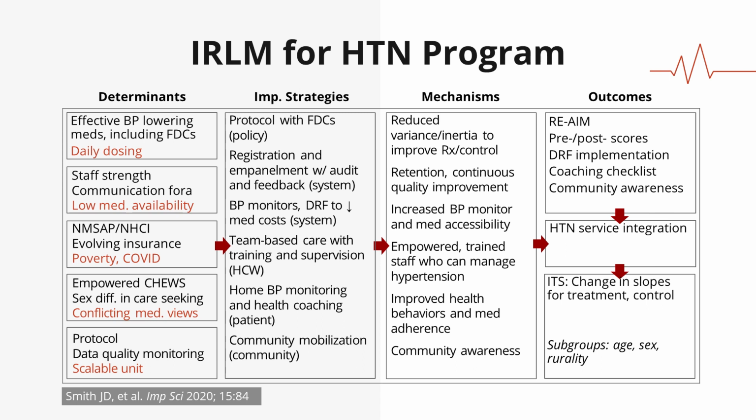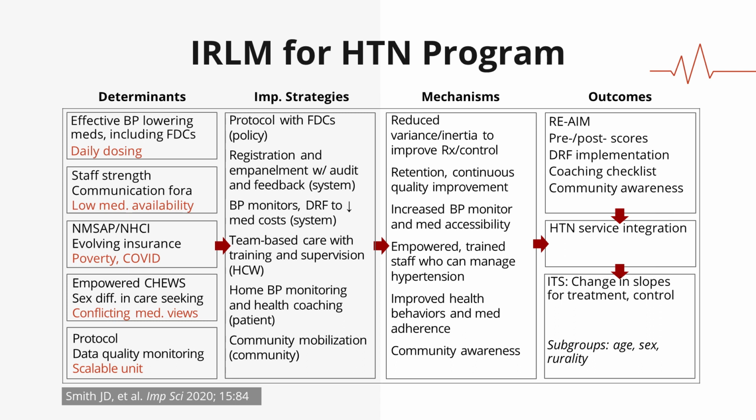For health coaching, we actually have a checklist that we want community health extension workers to be completing to understand what's happening during those home visits. We also have outcomes related to community awareness campaigns. How much did people learn during those campaigns, and did they understand what services were and were not available in primary care? Ultimately, we're looking to integrate hypertensive services into primary care in Nigeria.